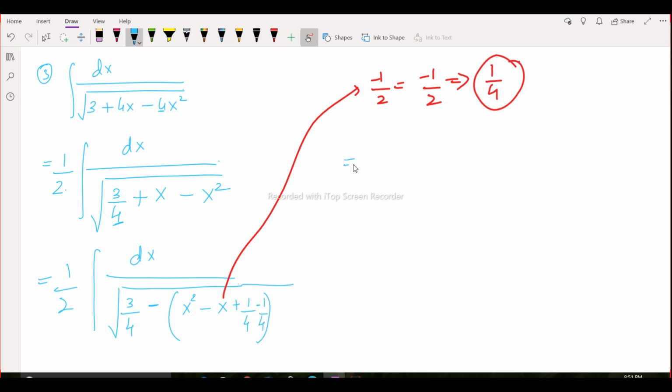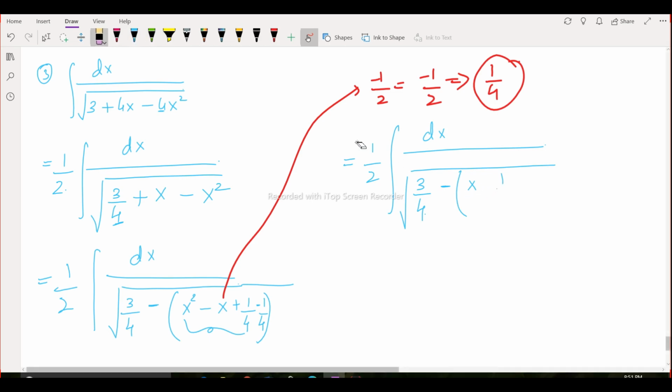So now in the next step, what you'll get is 1 by 2 integration dx upon square root of, now let's be very careful here, 3 by 4 minus, we are interested in this part, so this is x minus, this time it's minus, so this is x minus 1 by 2 the whole square.